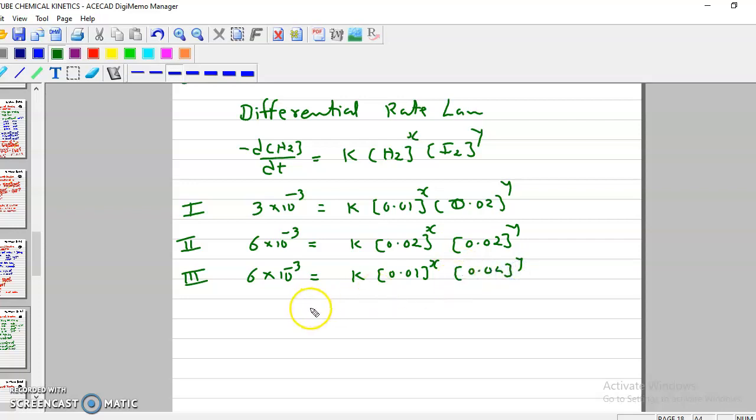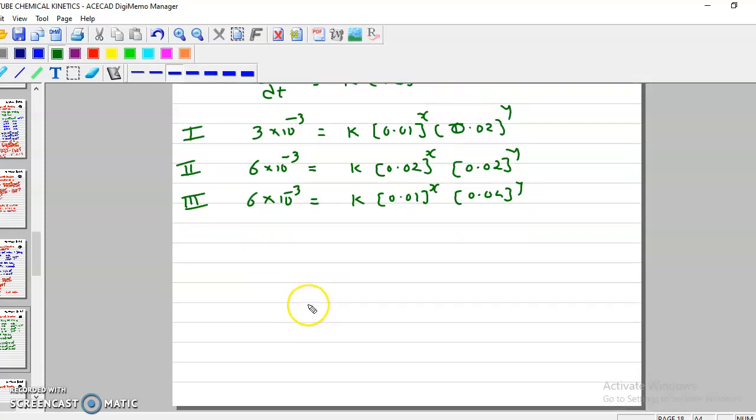Now we want to find out x and y. To find out x, first of all, we will take the ratio of the second set and the first set.